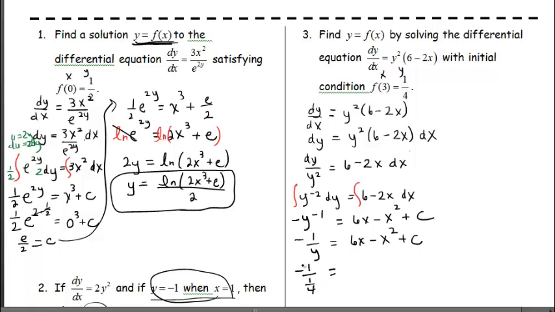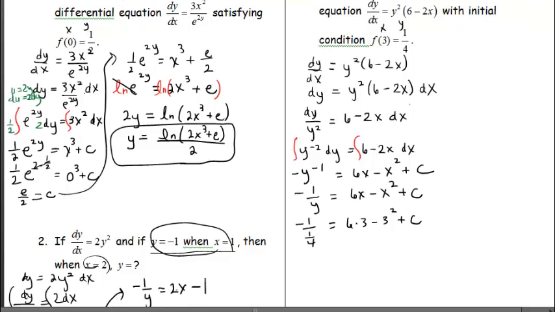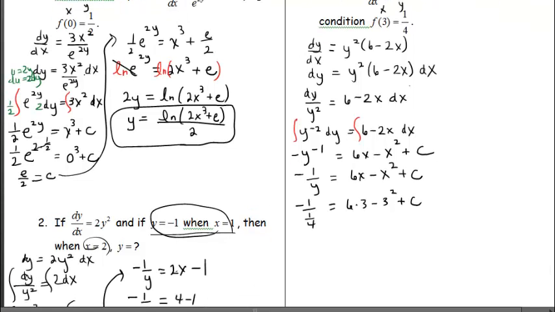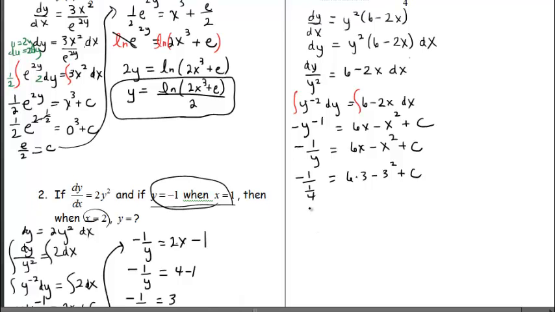Well, yeah, I'm going to make that -4 in my next step. 6 times 3 minus 3 squared plus c. Okay, this appears to be -4 equals 18 minus 9. This is 9 plus c. C equals -13.